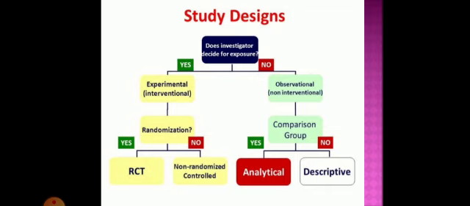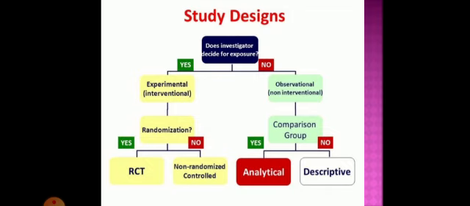So for the study design, as we mentioned, there are two groups. We ask the question: does the investigator decide on the exposure or intervention? Either yes or no. If the investigator tries to intervene or expose the people to a certain exposure or intervention, this is called experimental, as we mentioned.